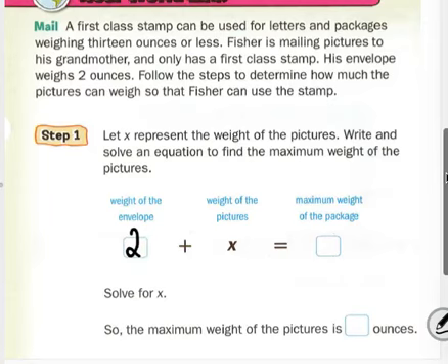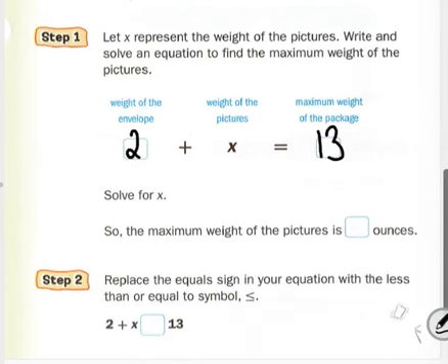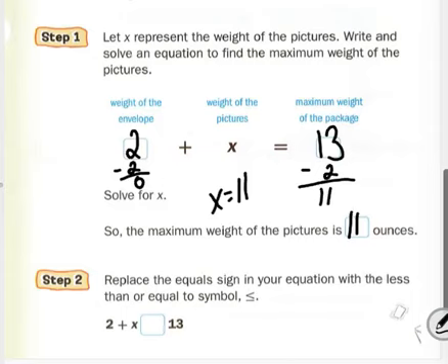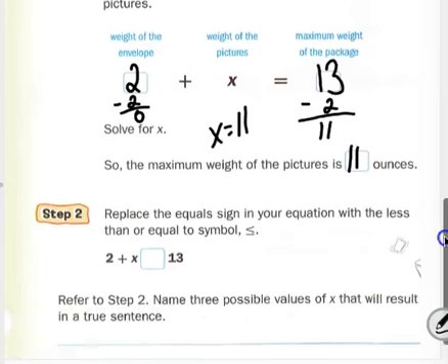So we are going to find that the maximum weight for the package is 13 ounces, since that's all you can use for that type of stamp. So the maximum weight of the pictures would come out to be, we would subtract 2 from both sides. That'll give us 11. So X equals 11 ounces. That's the most the pictures could possibly weigh. At most, you could have 11 ounces worth of pictures.